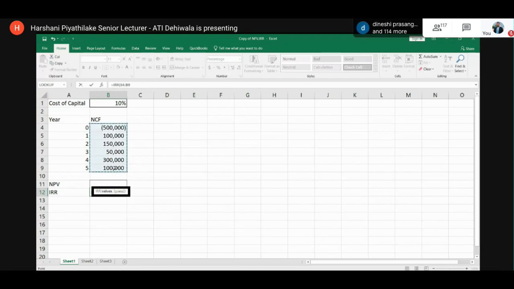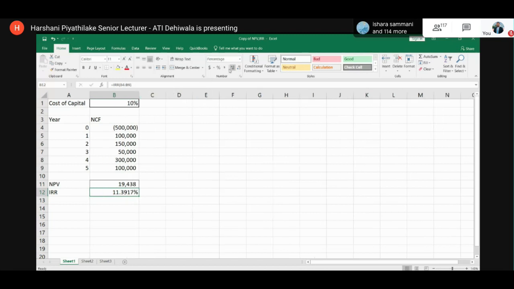Highlight the range, close the bracket, press enter. Now you can see 11.3917 is the relevant rate of the IRR.